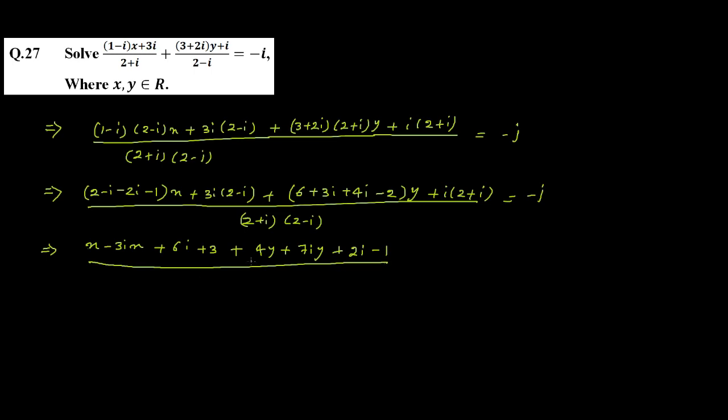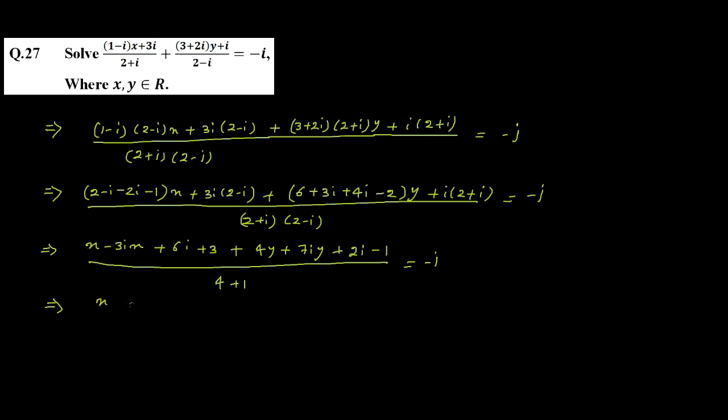divided by (2 plus iota) into (2 minus iota), that is (a plus b) into (a minus b), a square minus b square. So this is 2 square is 4 and minus iota square, that is plus 1, equal to minus iota. Now you will see here we have x. Let me rewrite the real part and imaginary part separately.